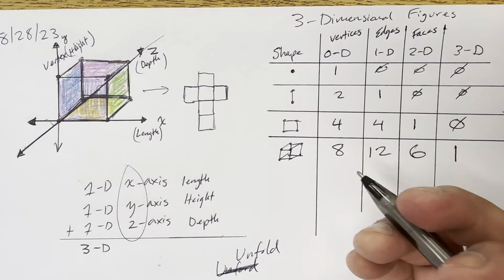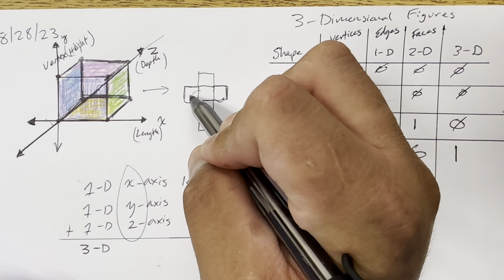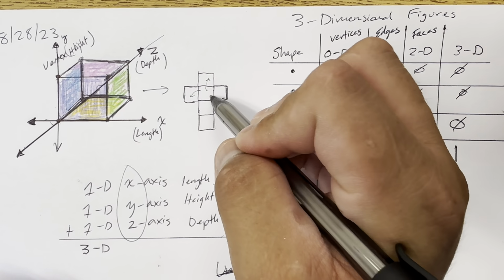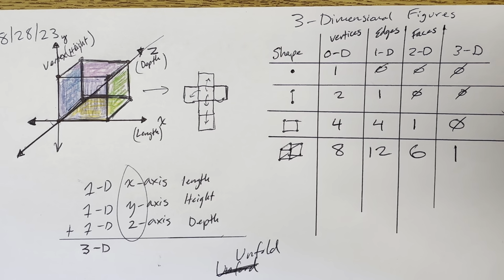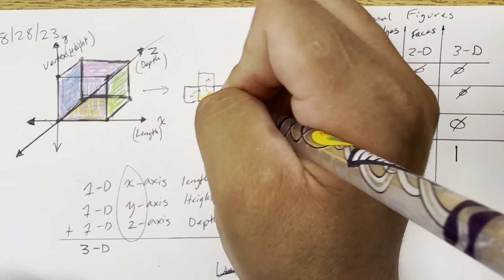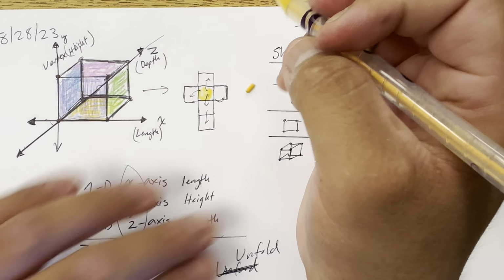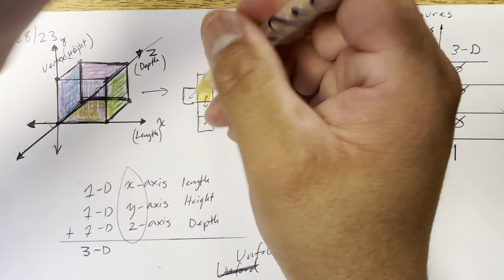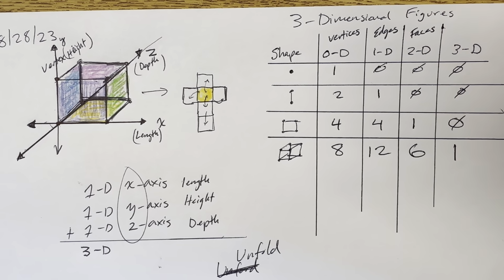So if you were to unfold it, you're folding this side down, that side down, this side down, this side down, and flattening out. So you're unfolding and you're flattening out this figure. Now I mentioned that the bottom was yellow. Sorry. All right. I mentioned that the very top was purple.